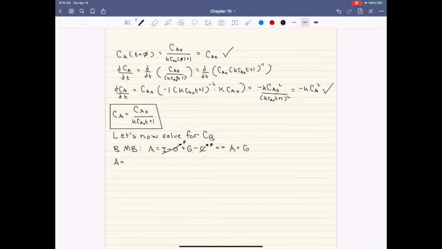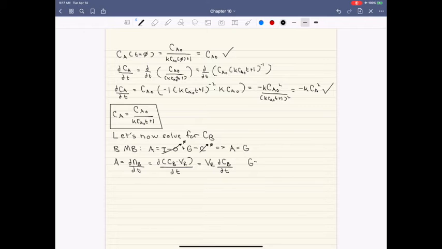For our accumulation term, we're still looking at the change in moles of B over time. So we end up with dNB dt. And since we know that eventually we're going to want everything in terms of concentration of B, we could rewrite the moles in terms of the concentration of B times the volume of contents in the reactor. Assuming that the volume of contents in the reactor is constant, our accumulation term is just this.